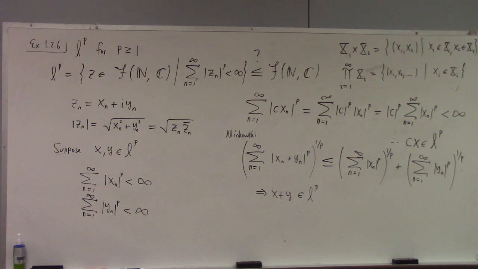He defines E as the product over j in the index set big J of E sub j, which is equal to the set of functions from J to the union over j in J of E sub j.